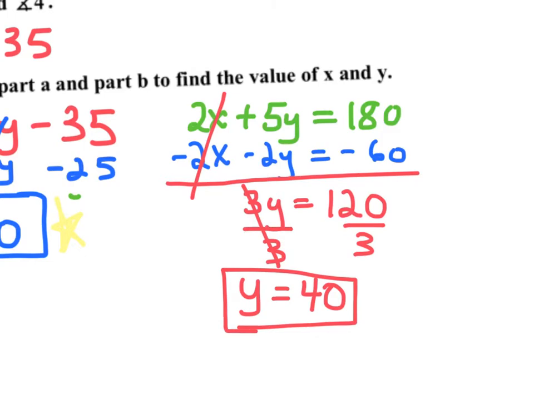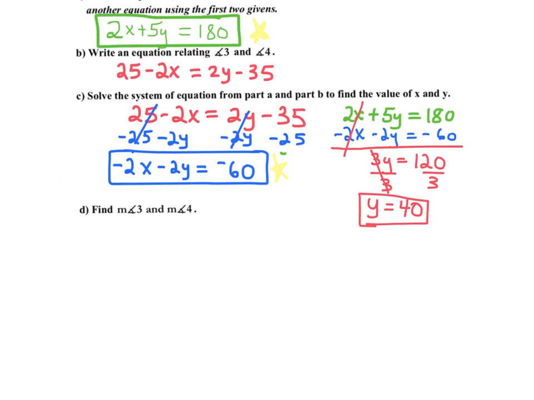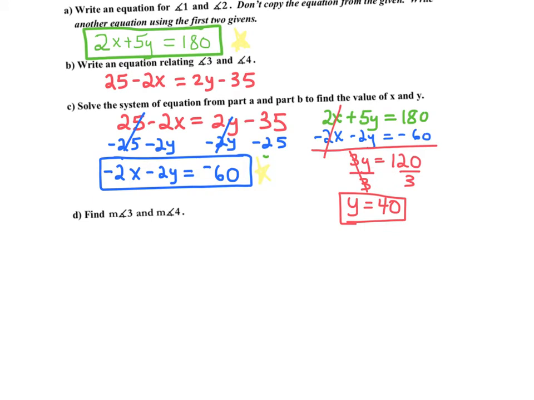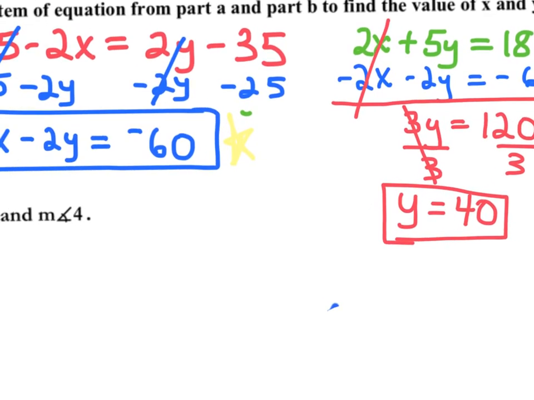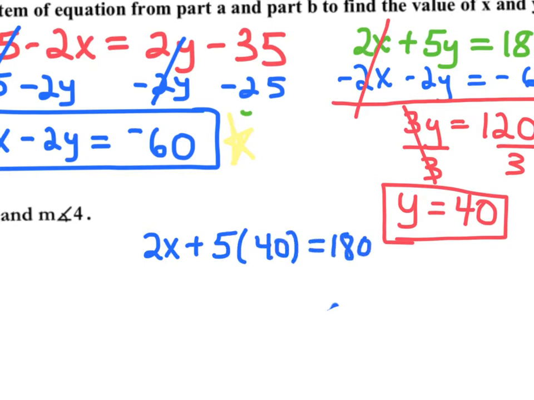Now I'm not completely done. I have to find x. I'm sorry, I just found y. I have to find x. To do that, I'm just going to plug into either one. So 2x plus 5 times 40 equals 180.